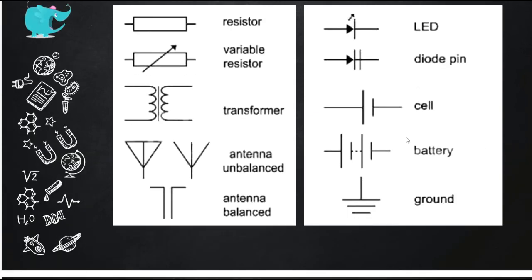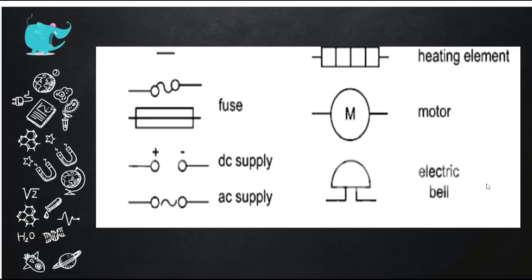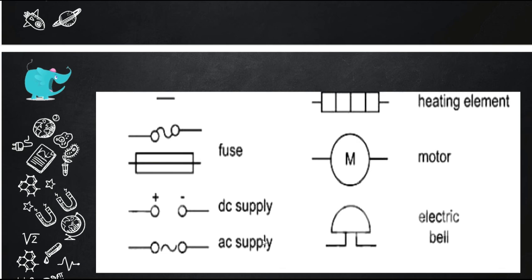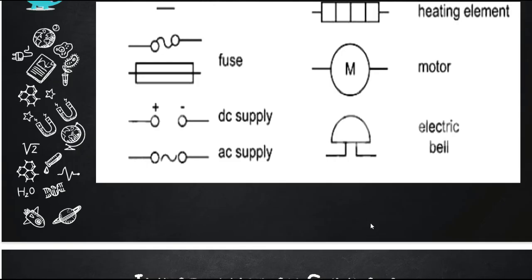When there are multiple batteries, there are also multiple representations of disproportionate lines. And then another type of supply or source, we have DC supply and AC supply. And last, we have the electric bell.